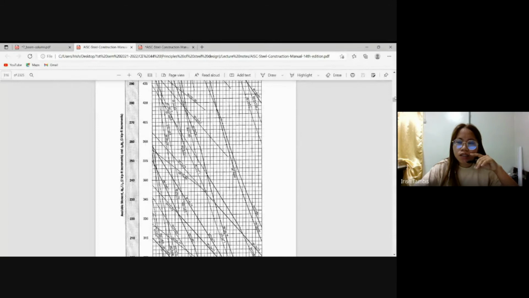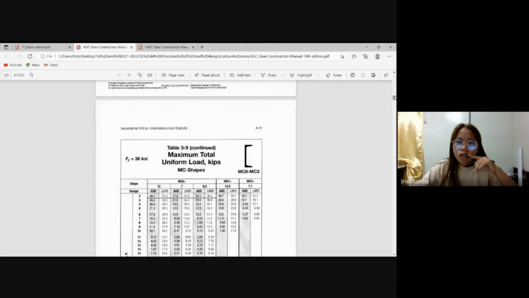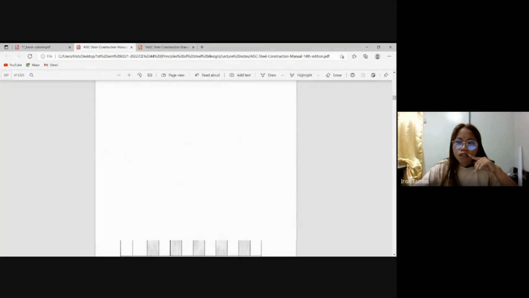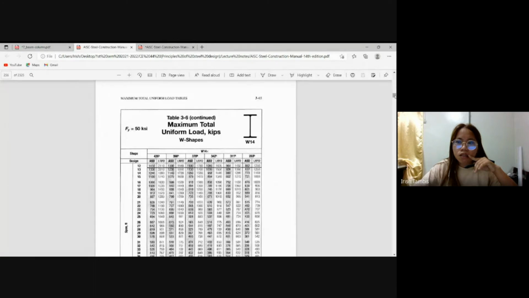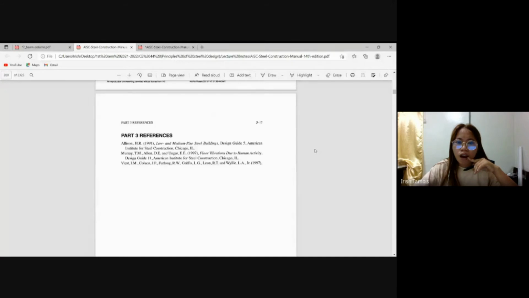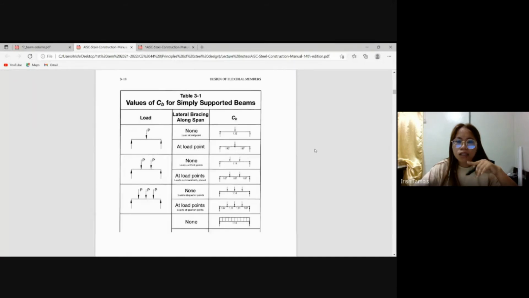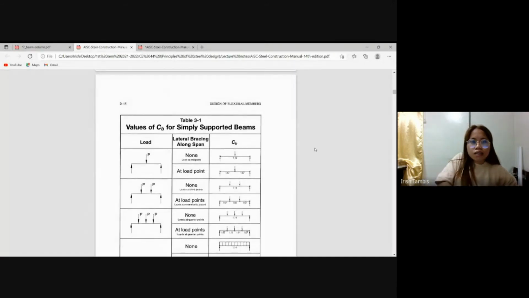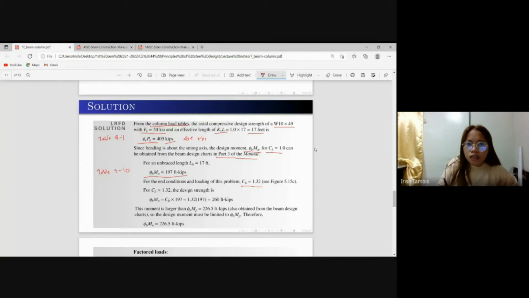C sub B. Okay. Table 3-1. This one. Yes. The C sub B, this is from the table 3-1.